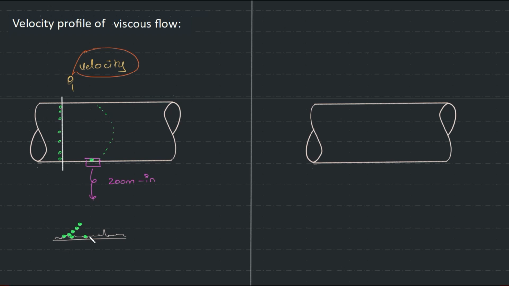Of course, the ones which are stuck will tell, well, I'm stuck, so my velocity is 0. My magnitude is 0. In the end, we will have a velocity profile which might look something like this. This is a possibility.